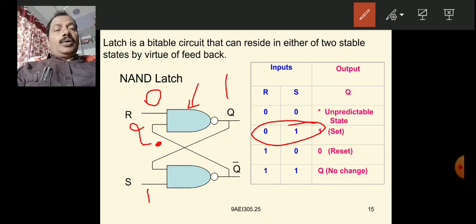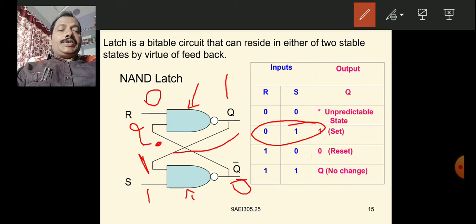Okay, now this output is fed back to here, 1. That means the bottom NAND gate has two inputs, 1 and 1. When the NAND gate inputs are 1, 1, the output is 0.